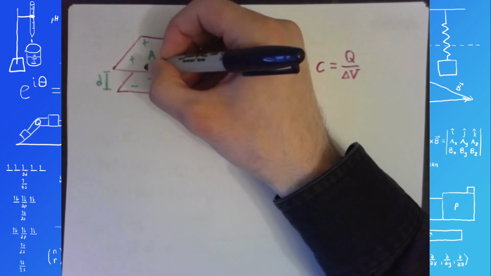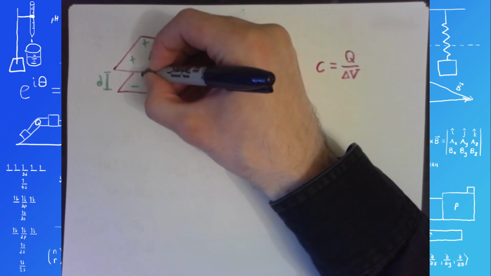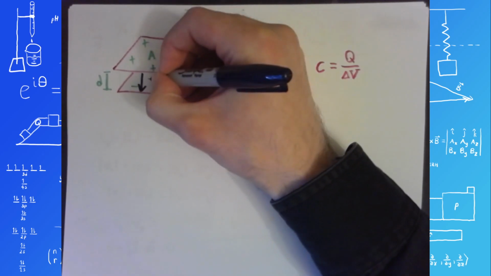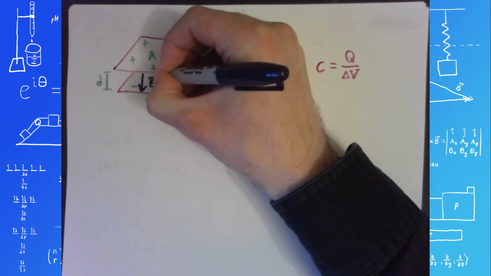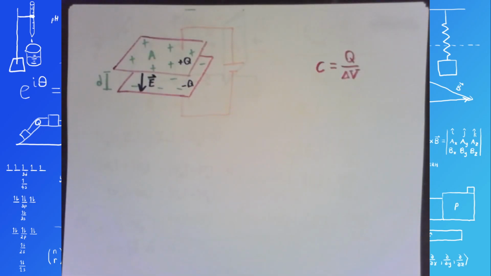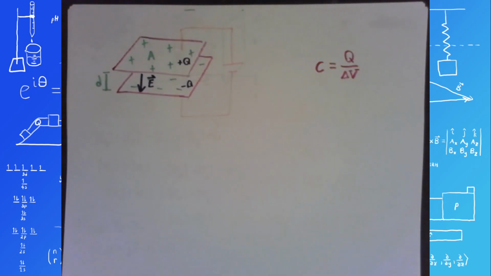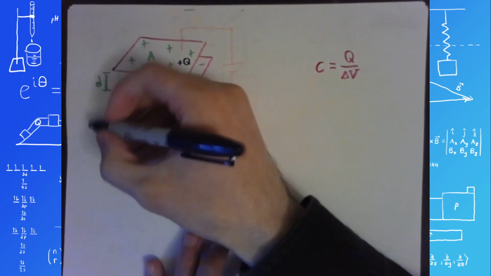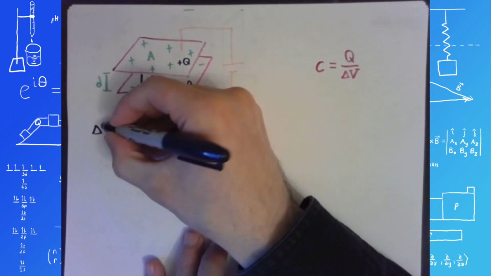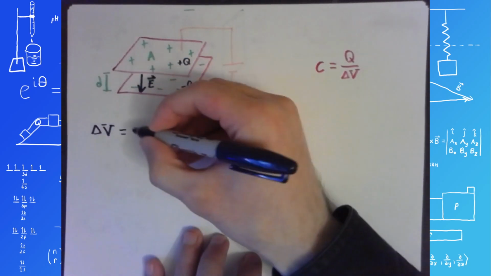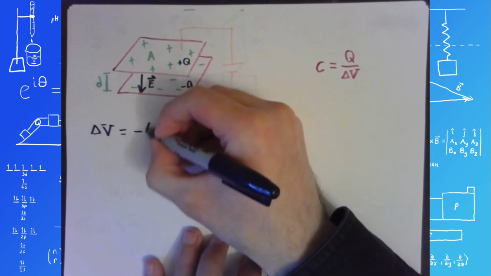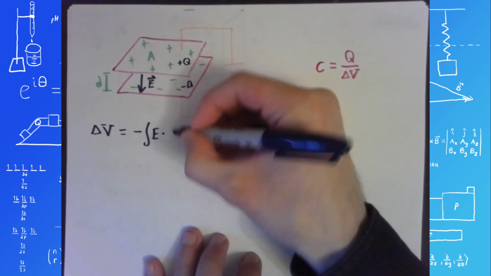There's going to be some electric field that points from positive to negative charge, so there's going to be an electric field like that, pointing from the top plate down to the bottom plate, and we can calculate the difference in potential by taking the integral of this electric field. Our voltage, or change in voltage, is going to be negative integral of E dot dl.